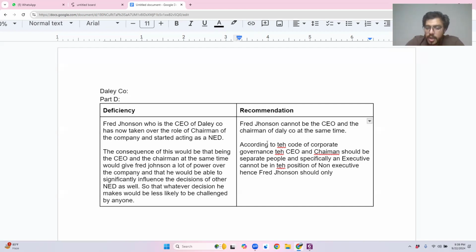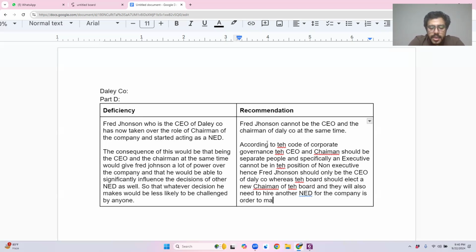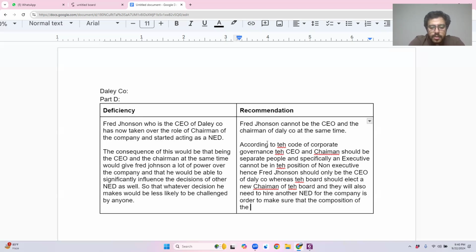Fred Johnson, according to CCG, should only be the CEO of Daley Corporation, whereas the board should elect a new chairman of the board, and they will also need to hire another non-executive director for the company in order to make sure that the composition of the NEDs is above the EDs. That's it. Do you understand?